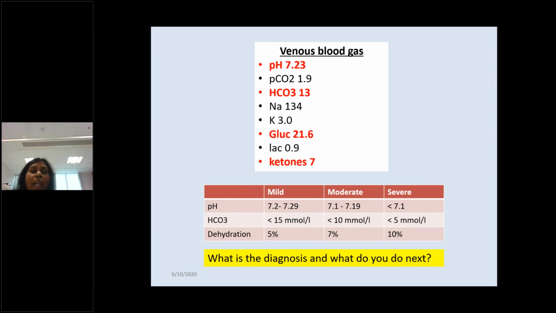The important thing about the fluid calculation, when compared to the previous DKA protocol and the current protocol, is that we calculate 100% maintenance as we do for any child: first 10 kilos, 100 mL per kilo; 10 to 20, then 50 mL per kilo; and more than 20, 20 mL per kilo.